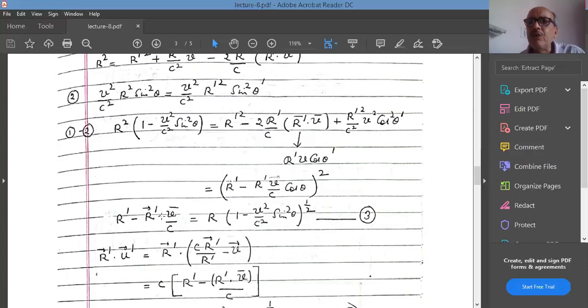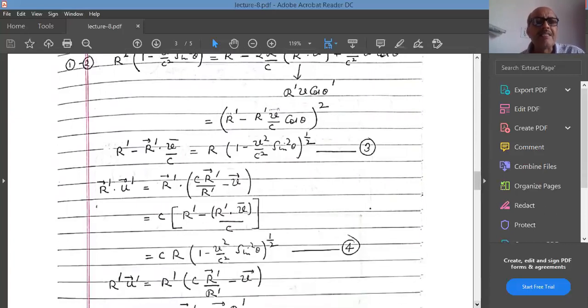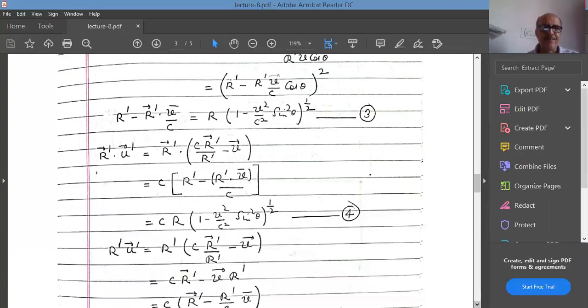So now we evaluate the denominator of the electric field term. So electric field term denominator is r dash vector dot u dash, and u dash is c into r dash vector upon r dash minus b, because normally we write it as c r cap minus b.